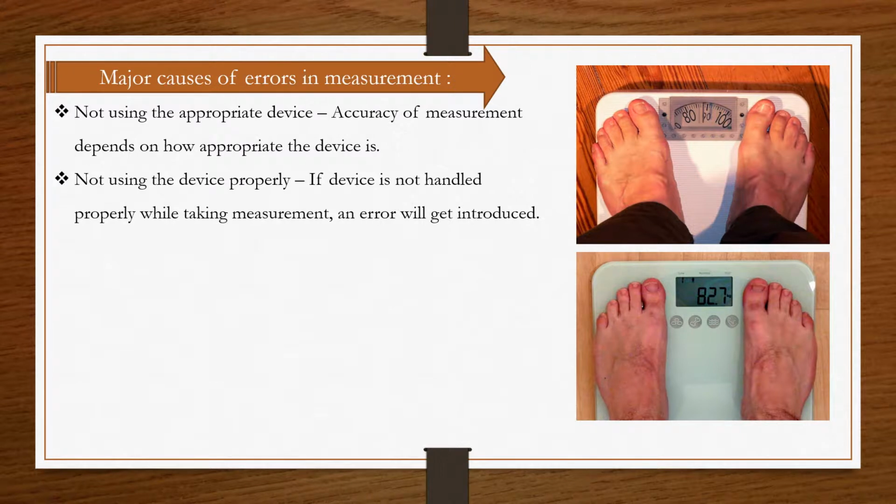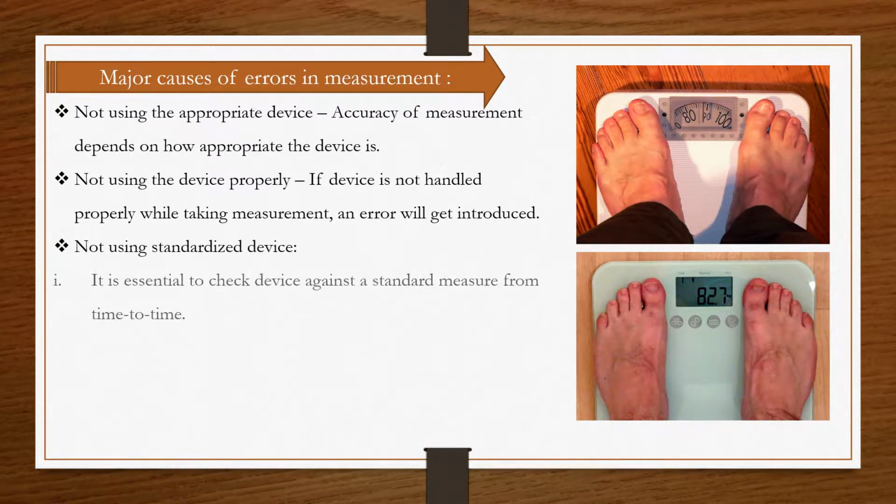Then the third major cause of errors in measurement can be not using a standardized device. That is, it is essential to check a device against a standard measure from time to time. For example, if weights used at grocery shops are not compared with standard weights, measurements done using such weights could be inaccurate.